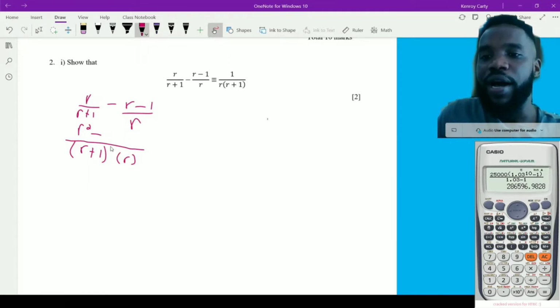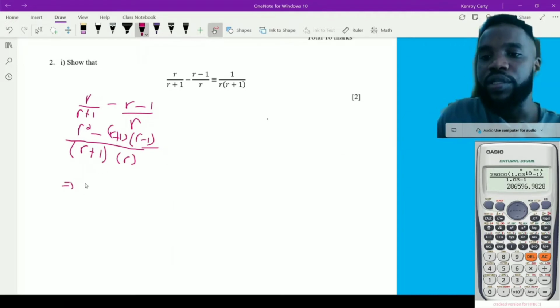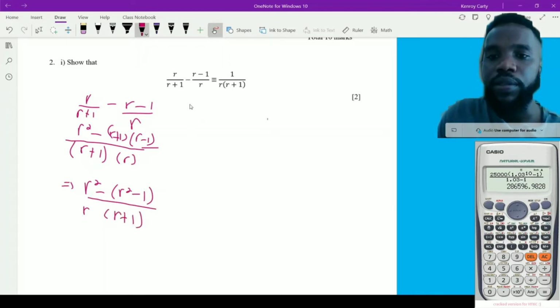R into this, r would cancel r, so you have r plus 1 multiplied by r minus 1. Now there are certain things in maths that you need to be able to pick up on right away, like the difference of two squares. So this is going to become r squared minus, open bracket, r squared minus 1 all over r into r plus 1.